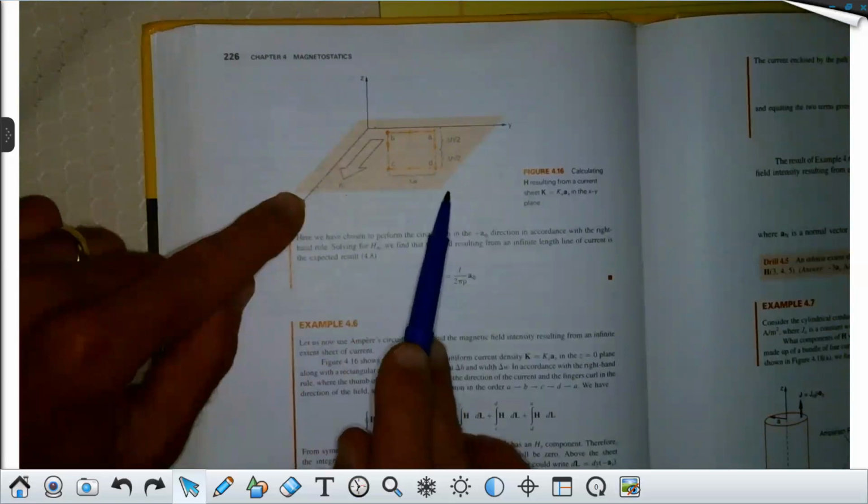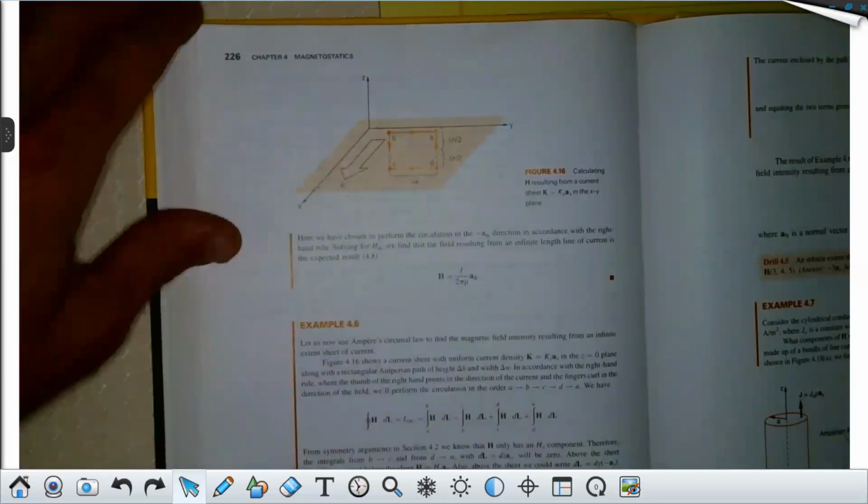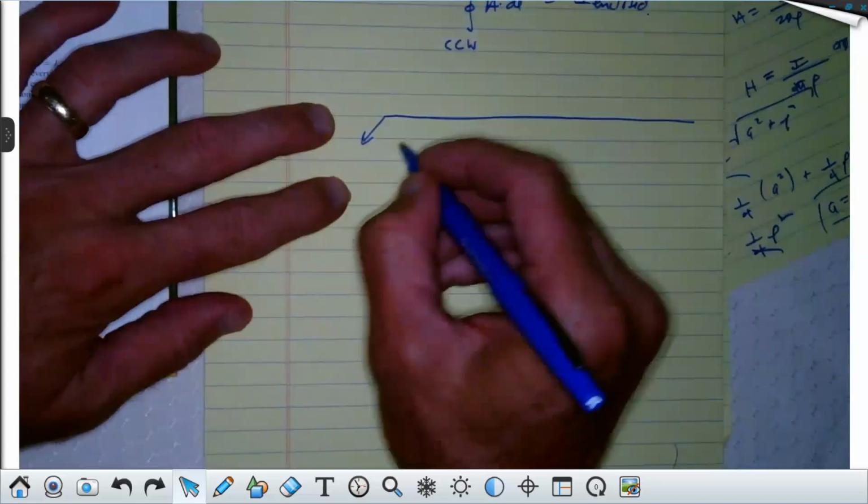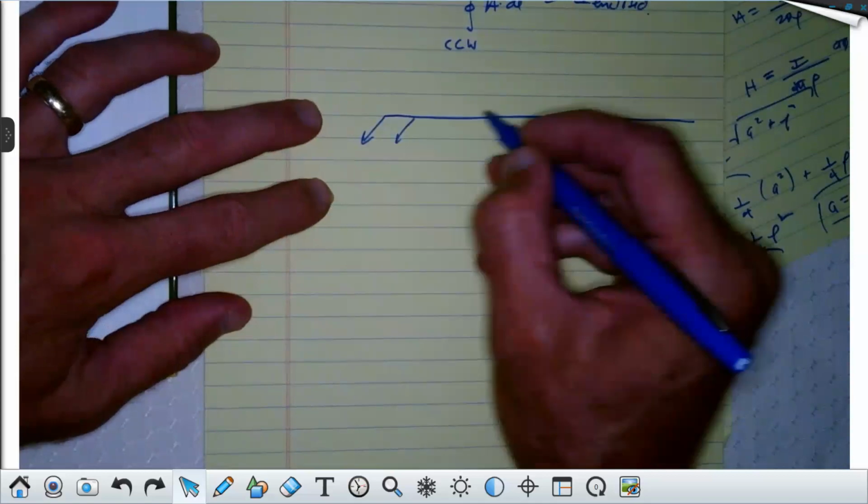Now, if you do the surface problem, and I'm going to try to draw this now. If I have a surface of current, and I'm going to go right at the edge of it. Suppose I have current coming out of the paper like this, and it's constant, right?